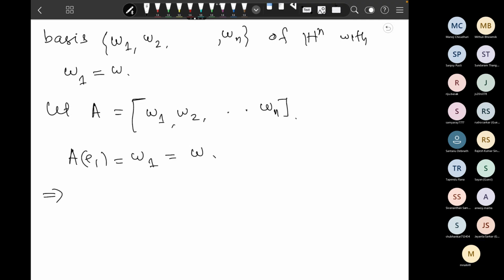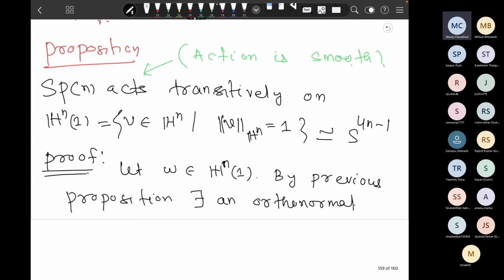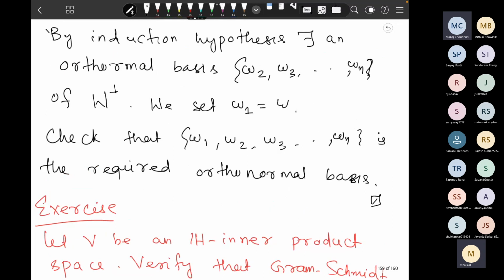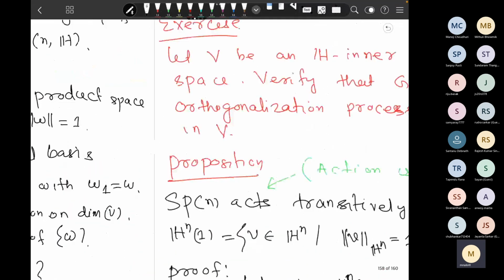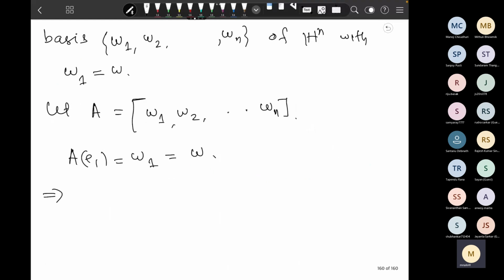Can you just repeat? You want to show the action is transitive. So you pick W belonging to the set, and by the previous proposition there exists an orthonormal basis, and I am taking the matrix A with W1, W2, ..., Wn as columns. Since the columns form an orthonormal basis of H^n, A belongs to Sp(n).